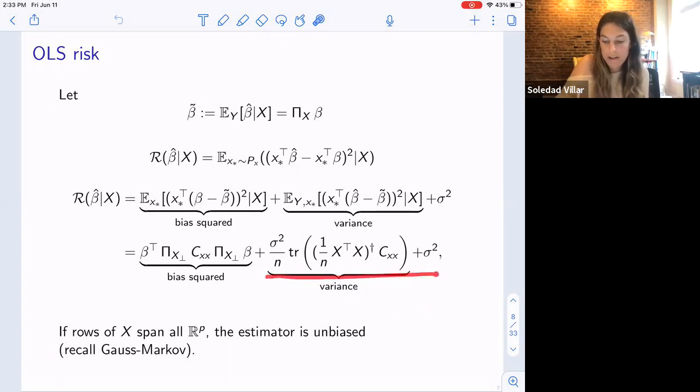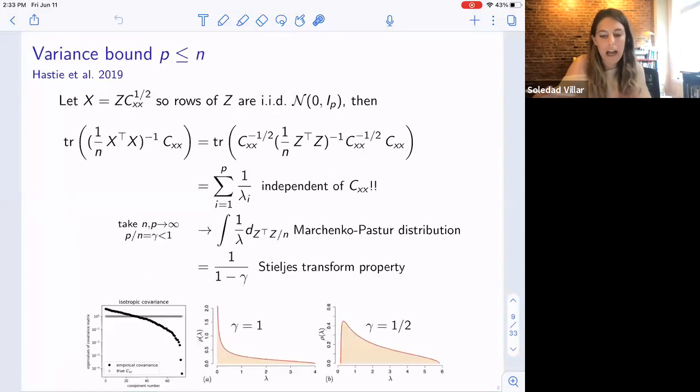Then if you look at the variance, you can see that the variance of this estimator will not depend on the covariance matrix of the data.